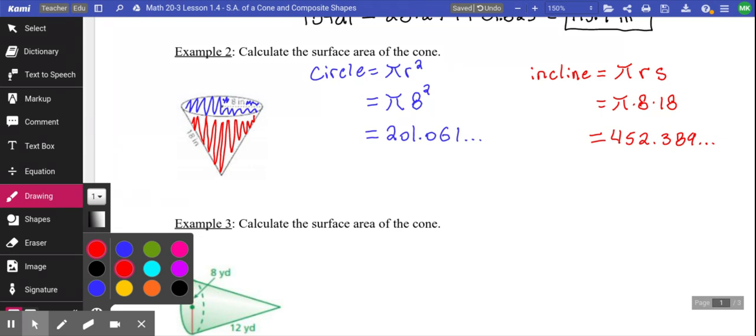I have no idea what I'm doing. What'd you get? 244. When you did pi times 8 times 18? That's what you got? Yeah. Pi times r, which is 8, squared, plus pi. Do you times by 4 or by 8?